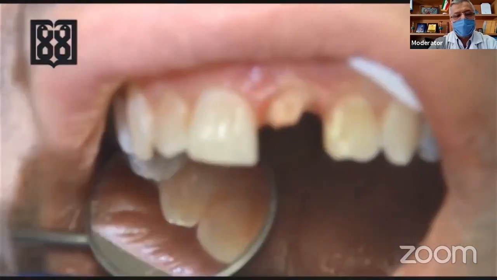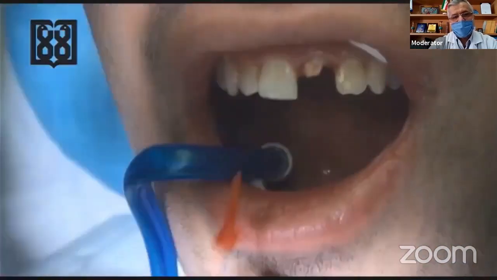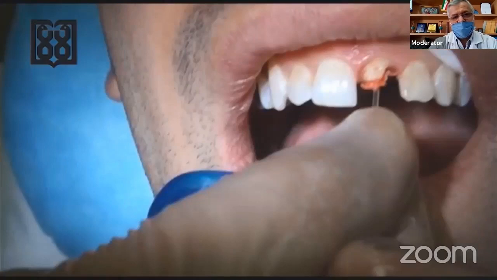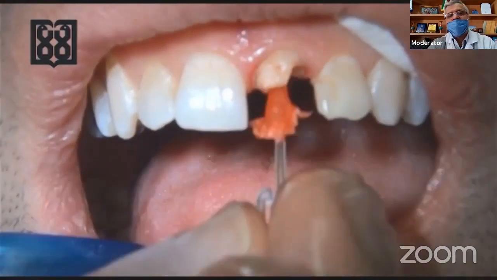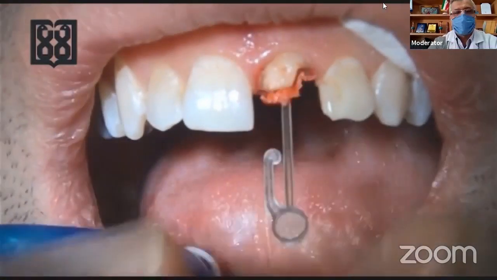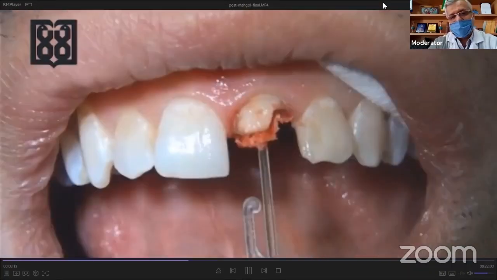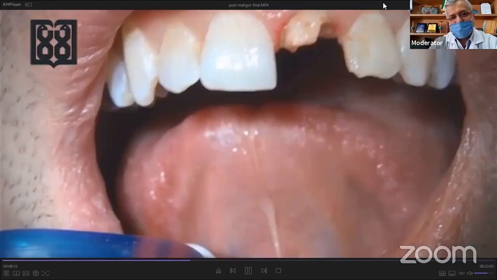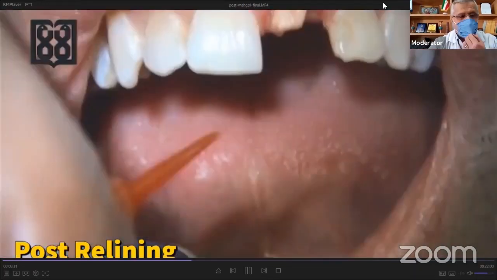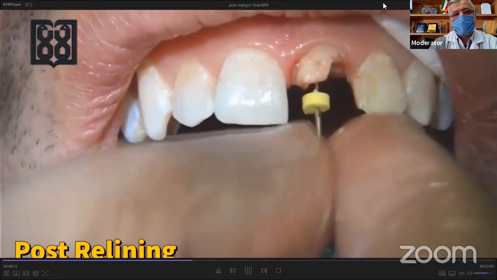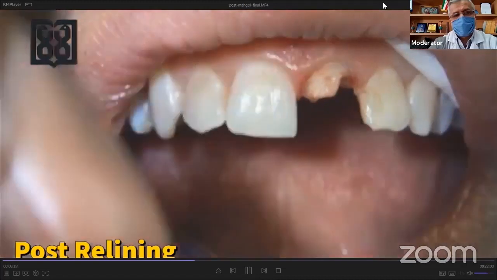We can observe the resin material, and we must check it again to ensure complete setting of the post. Sometimes we may need to reline the post, and maybe there is some void on the post. At this time, we can reline the post. Again, the length of the post space must be rechecked, and after that, we can reline with resin material.